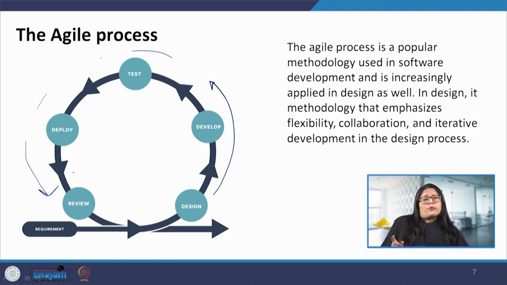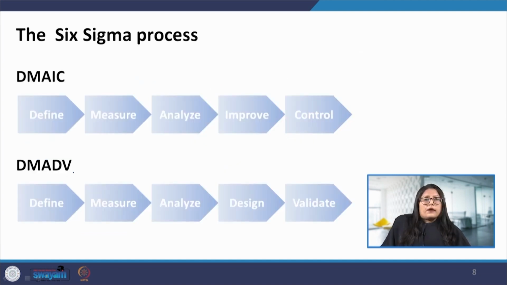So, if design thinking and agile process are combined, then they are going to be very effective in problem identification and for giving the solution to the problem. So, a combination of these two becomes a very strong approach for problem solving. Another method which was quite popular, it still is, is the 6 Sigma process.